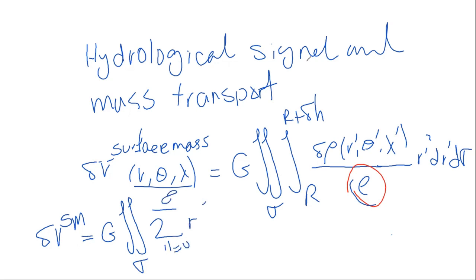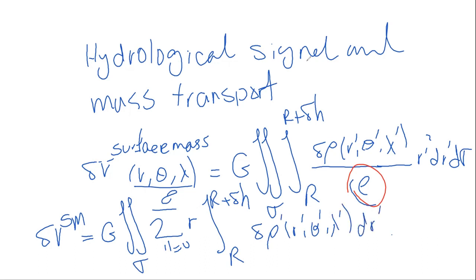So the integral from R to R plus delta H, again delta rho of R prime, theta prime, lambda prime, dr prime, P_n of x bar, where x bar is the cosine of psi. Psi is the geocentric angle between the computation and integration point.